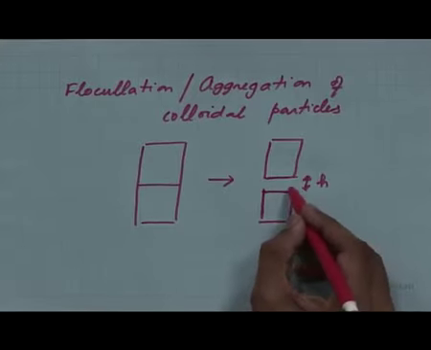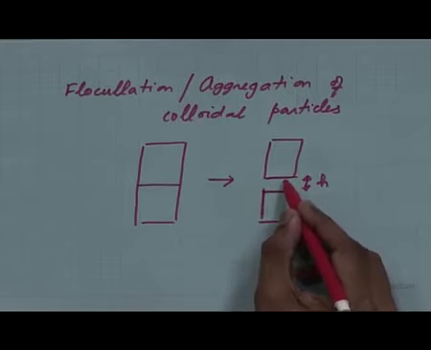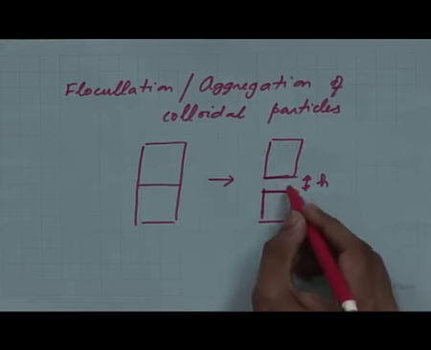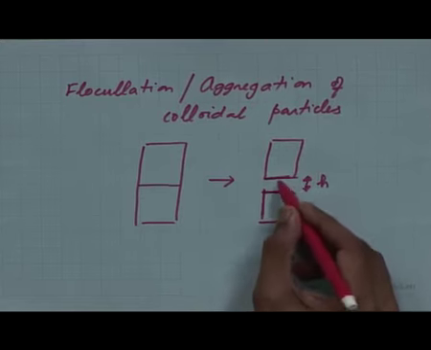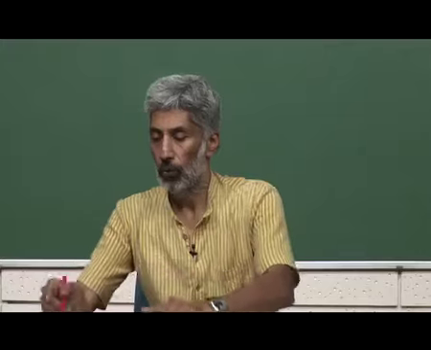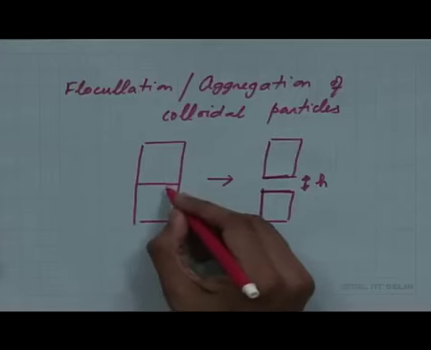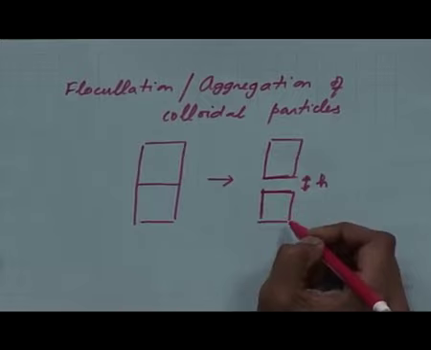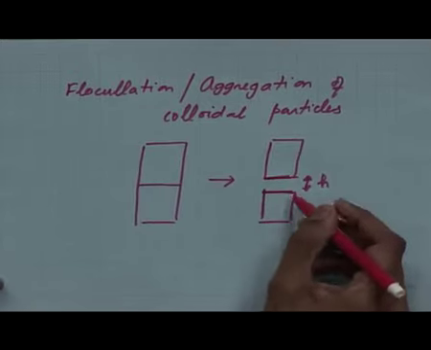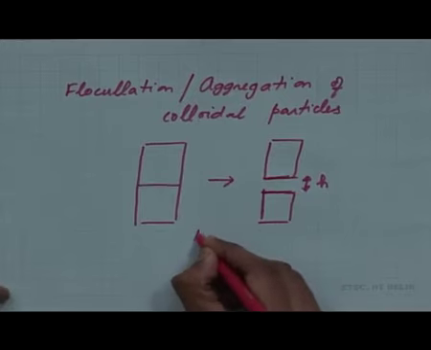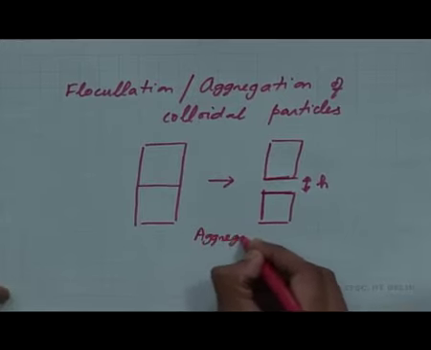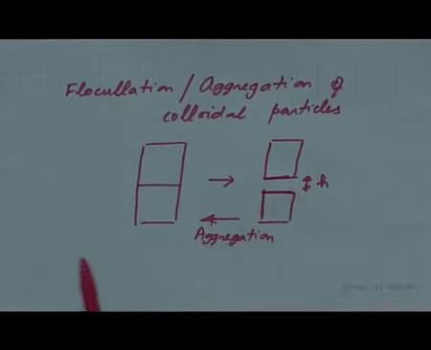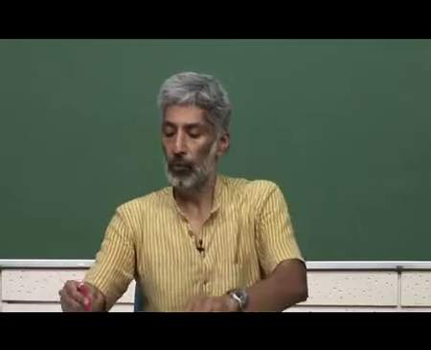So, naturally, because of interparticle forces that exist at the two surfaces, there is a free energy change associated with this process of breaking up this single colloidal particle into two colloidal subparticles. And flocculation or aggregation is essentially the reverse of this process, where two colloidal particles come together and form an aggregate.